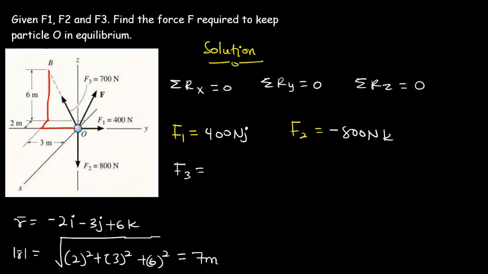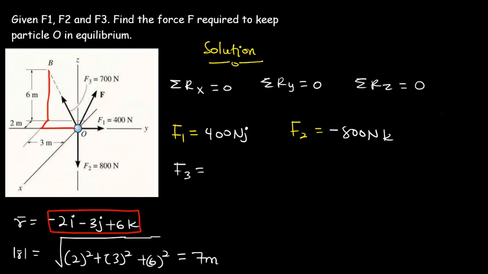To get the force F3 resolved into its components, you're just going to multiply the magnitude of the force, which is the 700 Newtons, by the unit vector. We get the unit vector by dividing each of these values by the magnitude that we just found.